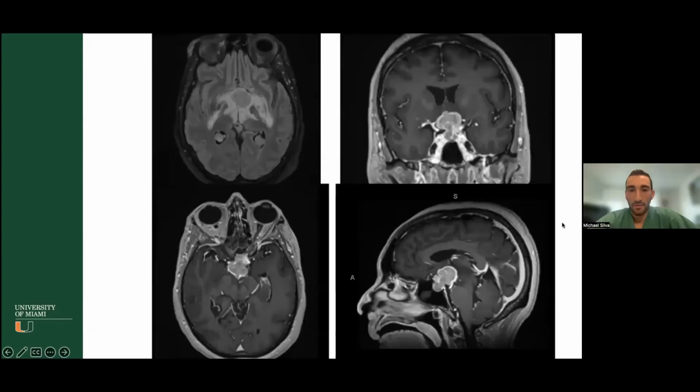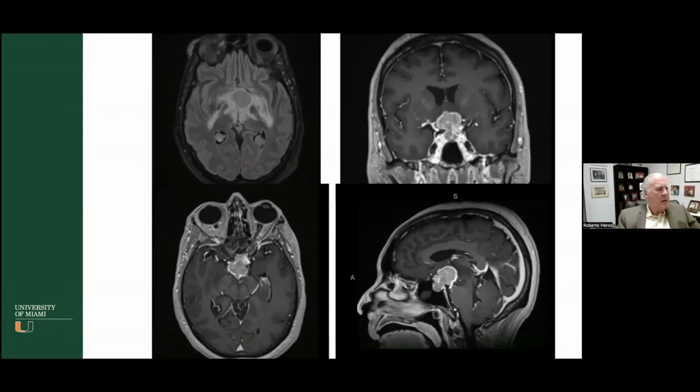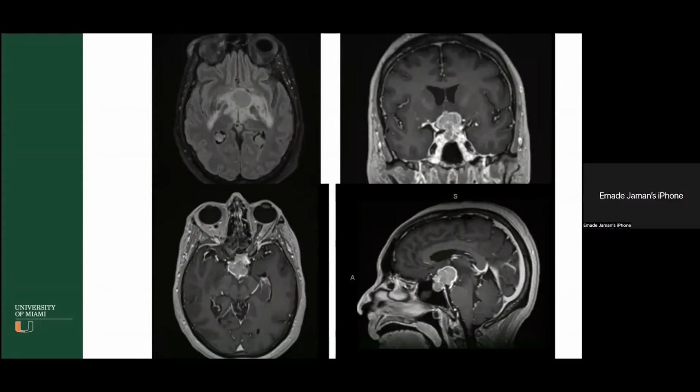Okay, so here's your MRI. Why don't you describe what you see here? Okay, so on the MRI, I'm looking at a real illustration of the vasogenic edema extending into bilateral temporal lobes.